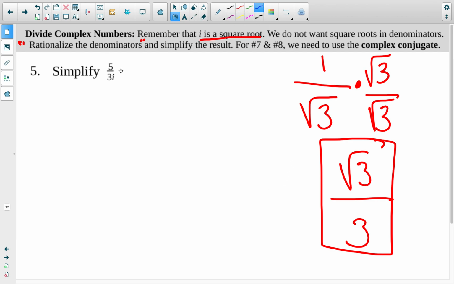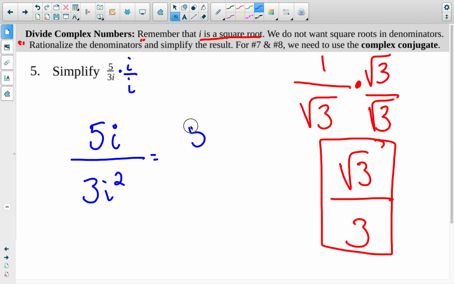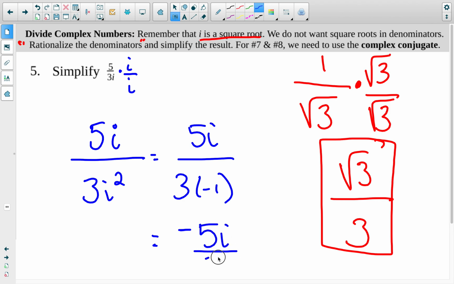So applying that information to 5 over 3i, what we want to do is just multiply times i over i. We'll end up with 5i over 3i squared, meaning 5i over 3 times negative 1, which gives us negative 5i over 3.